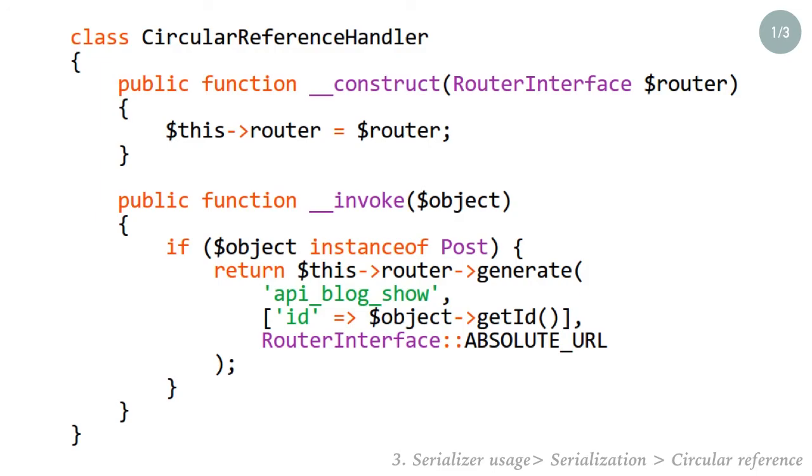Then the comment, and in the comment, you have the object post. It will call the method invoke. And at this moment, you will have only the element you are returning in your if statement in here. So instead of serializing the post again, you will have just the URL to the post you want. And that way, it's handled.